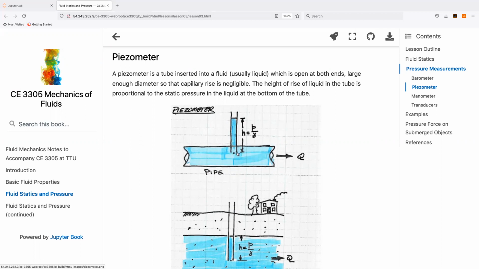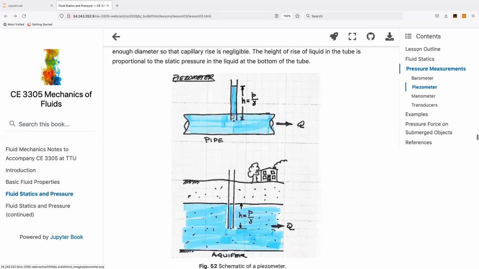And at the bottom edge of that tube, the height that water or liquid will rise into the tube is proportional to the static pressure in whatever we stuck it into. So if we stick it into a pipe as shown, we're measuring the pressure at that dot in the picture. And that is manifest as water rising in the piezometer.